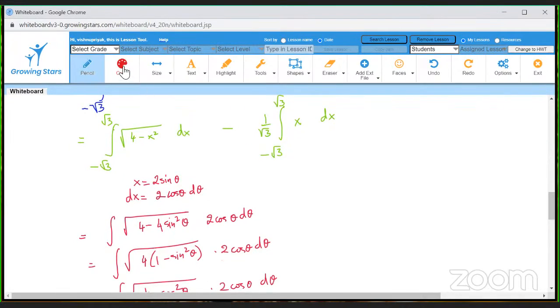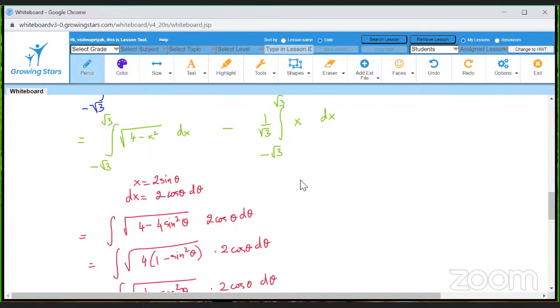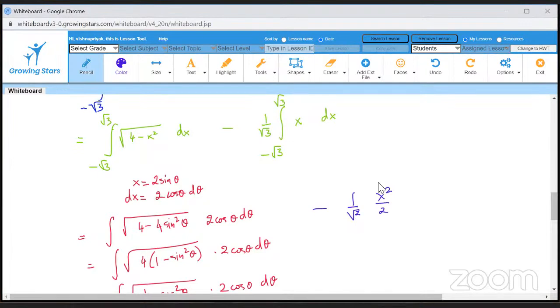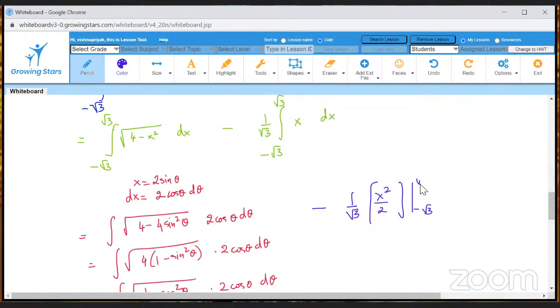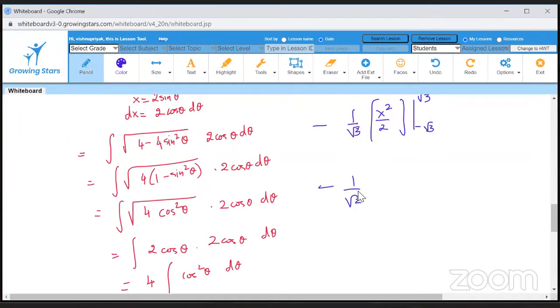But still we have the second integral, which is quite easy. What do you have in the second integral? Minus x square by 2, with 1 by root 3 outside. The bounds are minus root 3 to root 3.